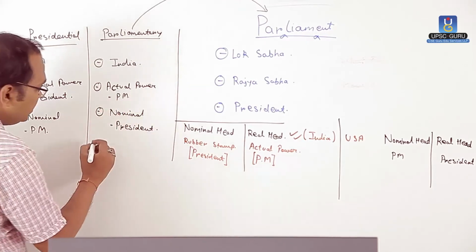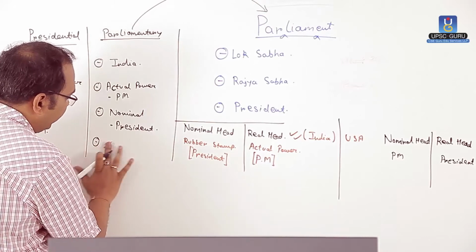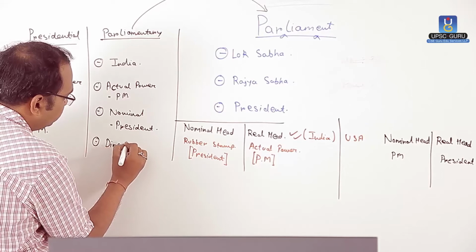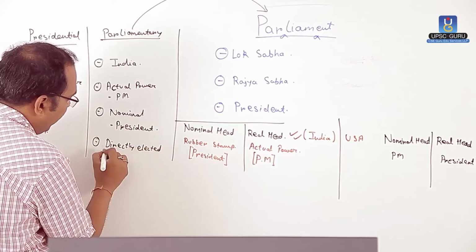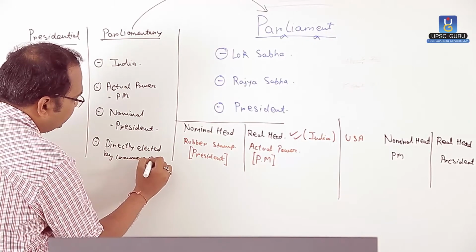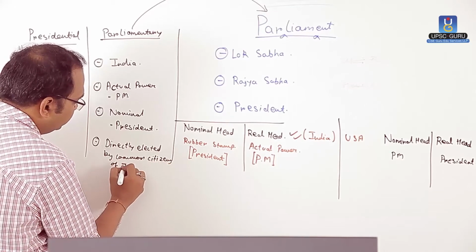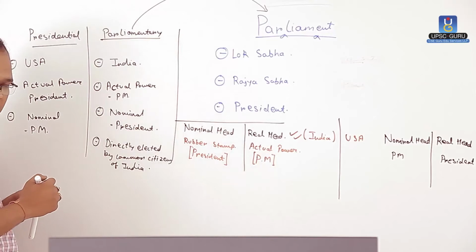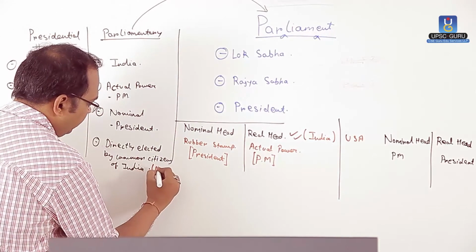Okay, he is directly elected, I can say directly elected by common citizens of India. Now who is this directly elected? Your PM, Prime Minister.